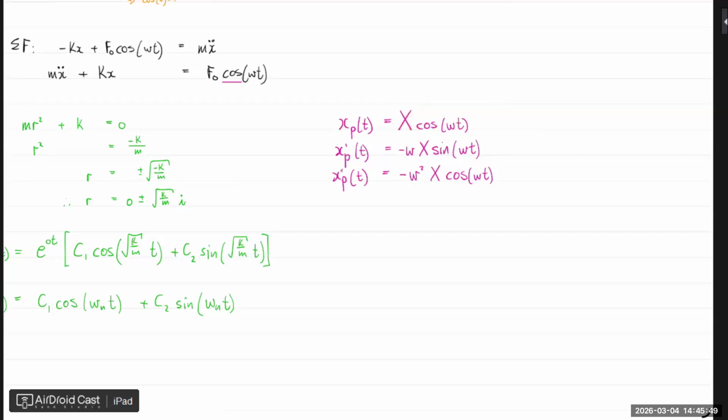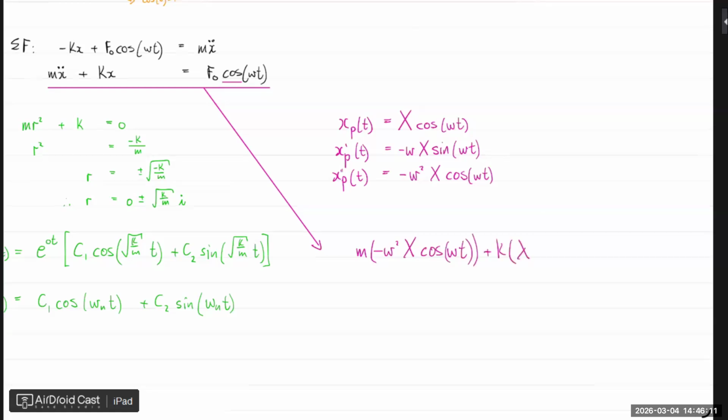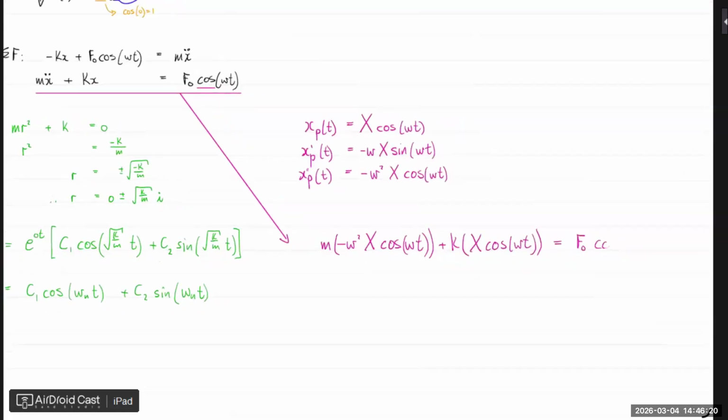So that equation becomes m times the second derivative, so it's negative omega squared x cos omega t, plus k times just the normal x, so cos omega t, and that must all be equal to F0 cos omega t.